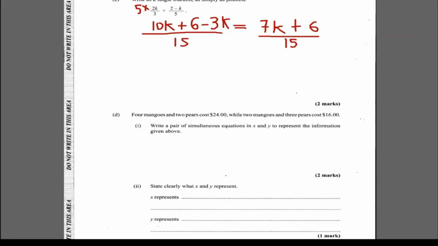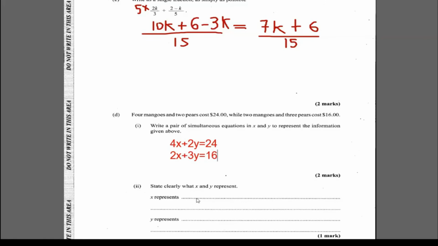Write the simultaneous equations. We're going to let x be the mangoes. So 4x plus 2y is equal to 24. And the next thing is 2 mangoes, 2x, plus 3 pears, 3y, equals $16.